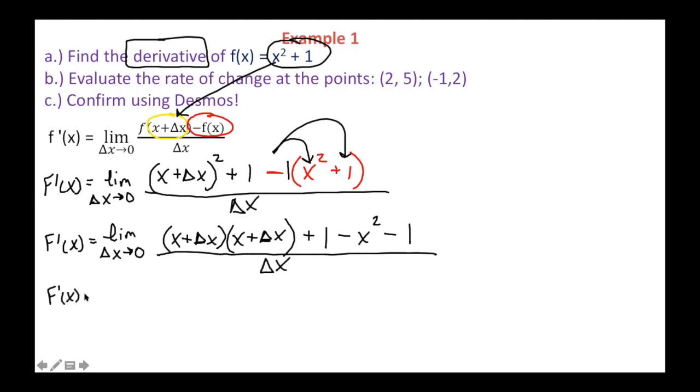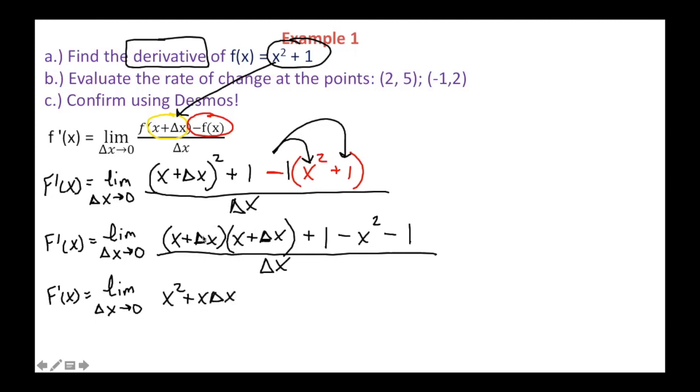f prime of x equals the limit as delta x approaches 0 of, now we're going to FOIL this out here. So first, x times x is x squared. Outer is x times delta x, which is x delta x.